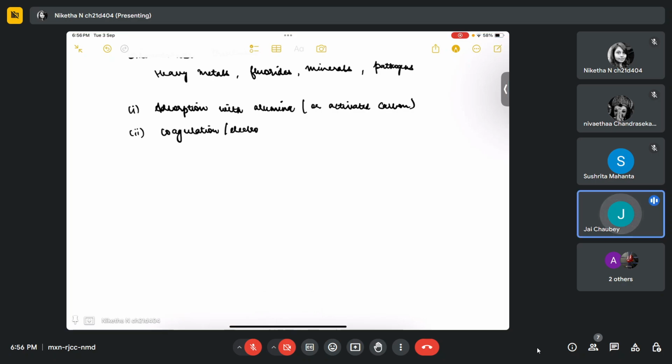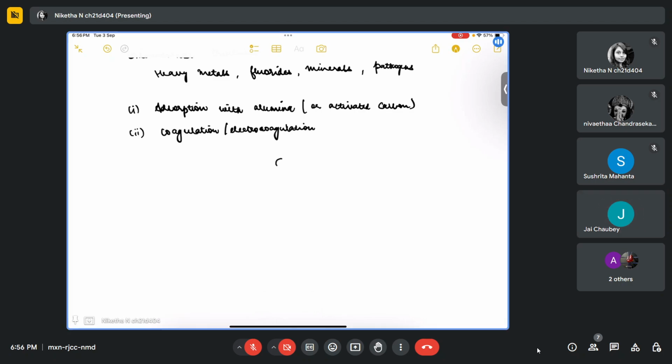Ma'am, what is the meaning of activated carbon? Is it special carbon or is some treatment being done? Are you asking what is activated carbon? Is it a normal carbon or some special type of carbon?